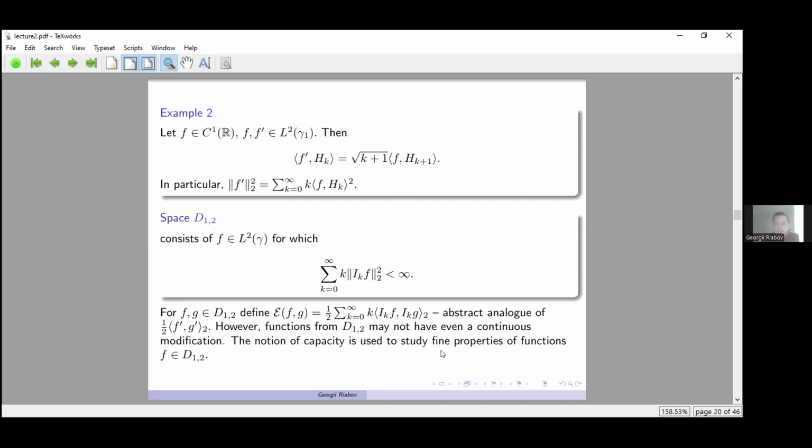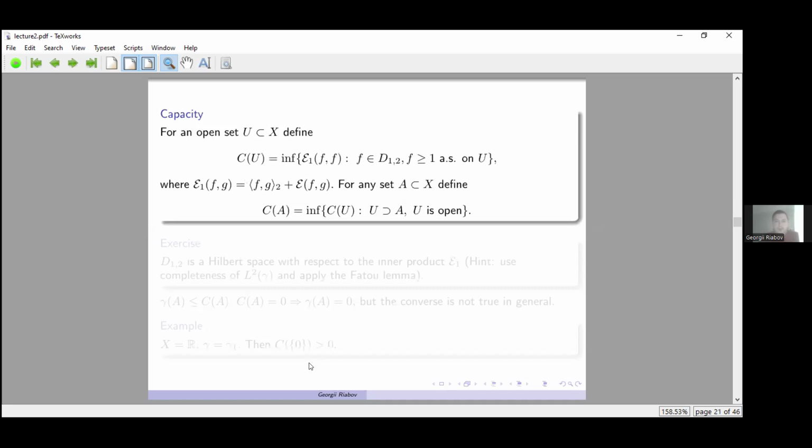And to study properties of such functions, the notion of capacity was introduced. So now let's define what it is. Let U be an open set.